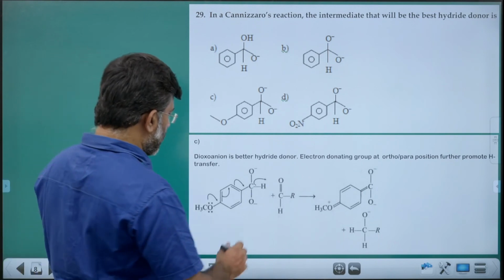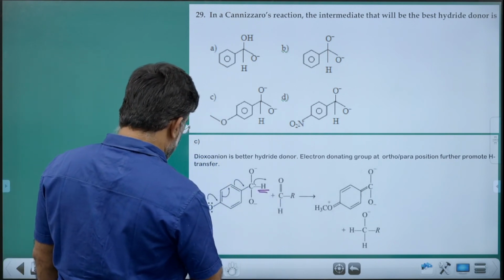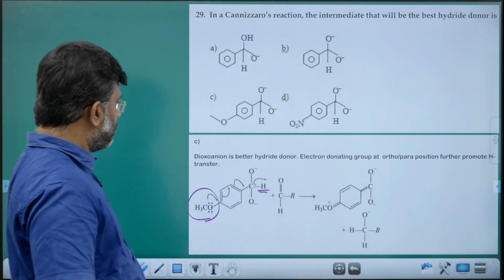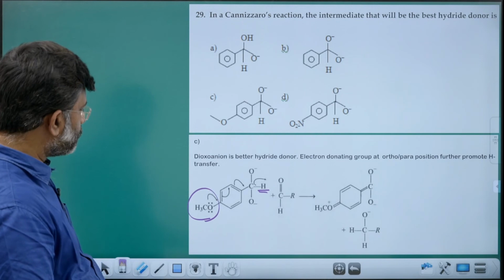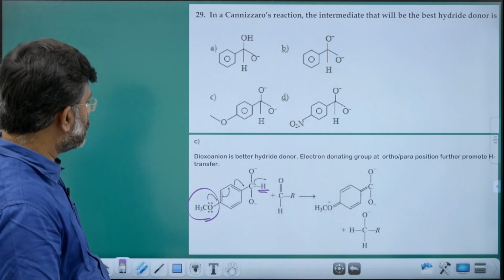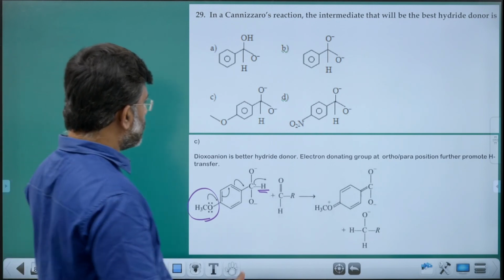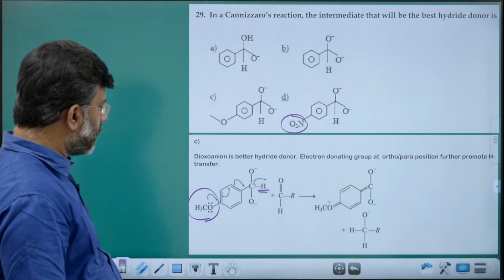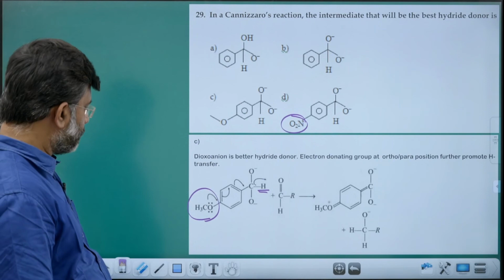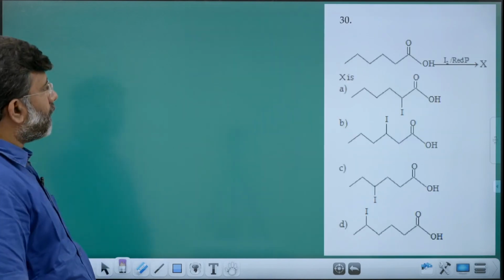So H minus removal is promoted by a group like methoxy group. So the answer is option C, while this is an electron withdrawing group, while that is an electron withdrawing group. Right. Next one.